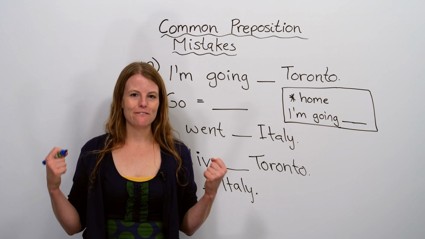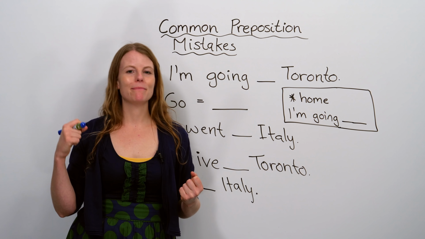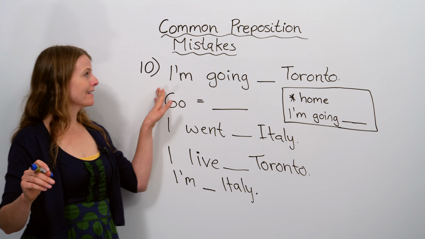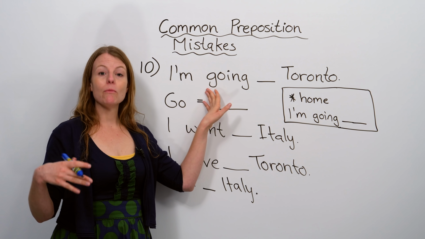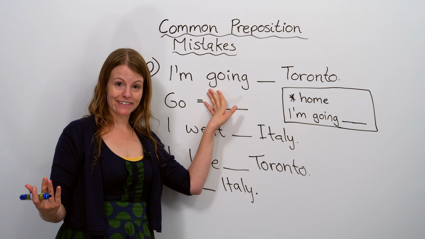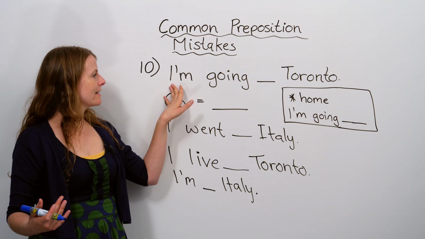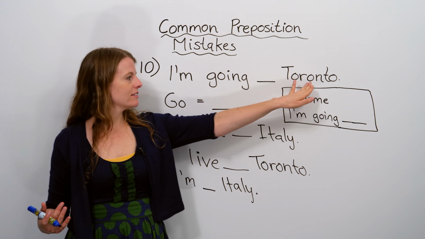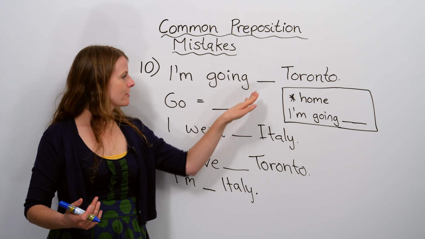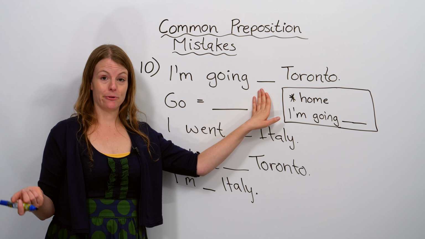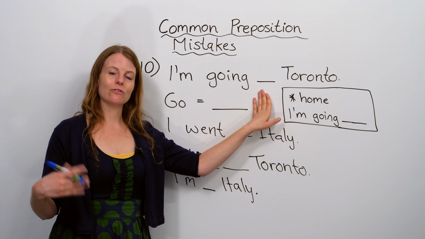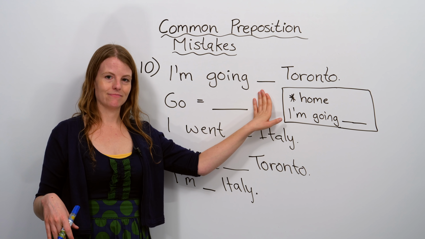So let's look at my final example of a common mistake people make with prepositions. That is with the words when we're talking about cities or countries. If I say something like, I'm going Toronto, there needs to be a preposition after go. What preposition should I use?